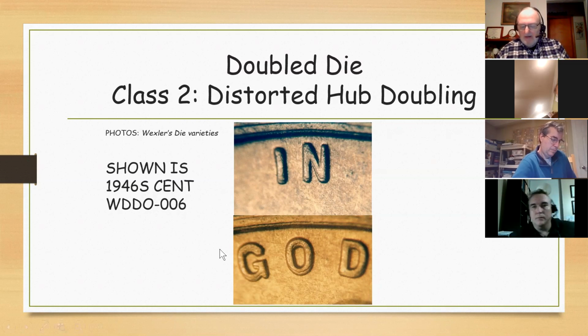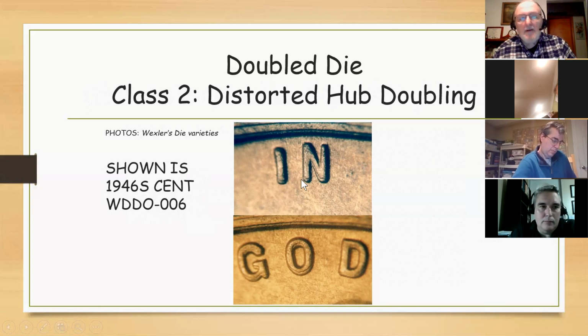And the Mint has said, and independent research has confirmed this, that during the annealing process, when the die was heated to soften it, the die would expand from the heat. Well, what do you think happens when the die expands from the heat? Then you're going to have a more distorted doubling.